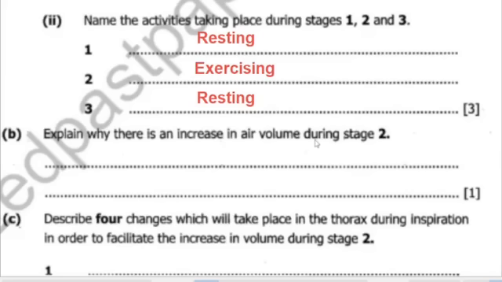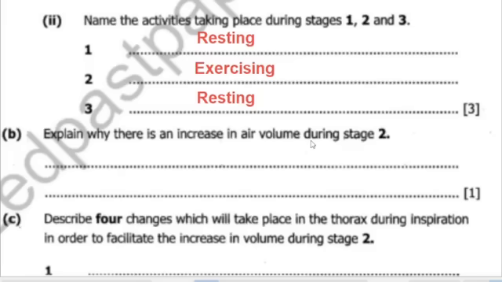Okay, more oxygen to be absorbed. So when this oxygen is absorbed, it's going to go into the bloodstream so that it goes to the muscles in order for respiration to take place. That's the reason why there will be an increase in the air volume during stage 2.